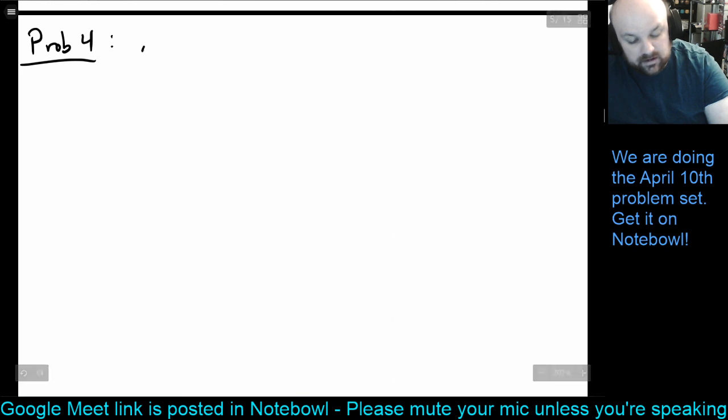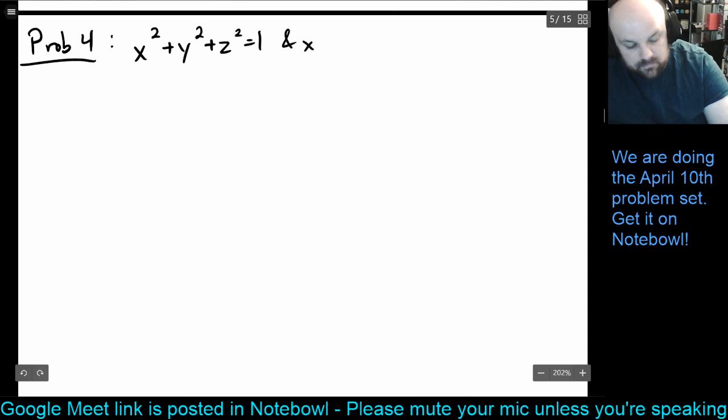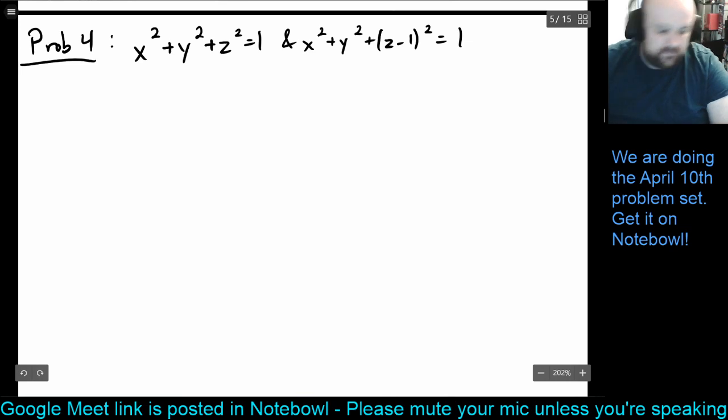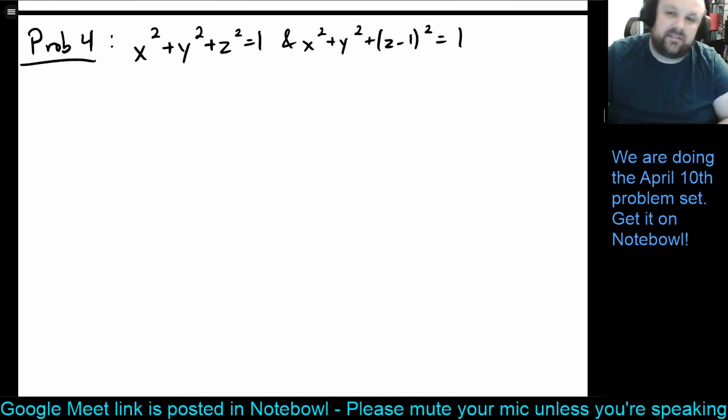I want it to be inside both of these spheres. So I want the region inside both of these. How do we figure this out?